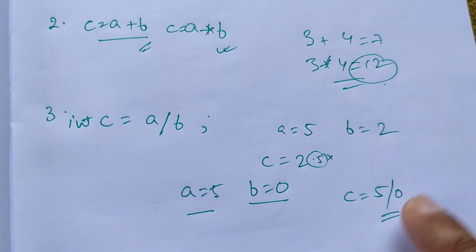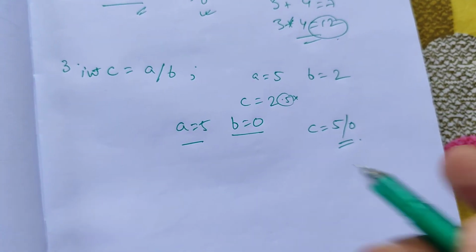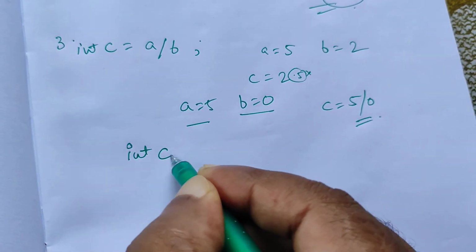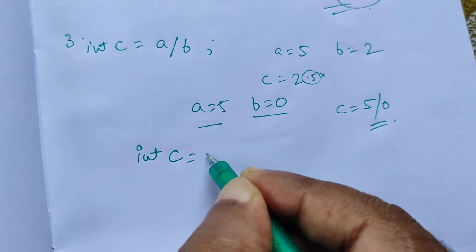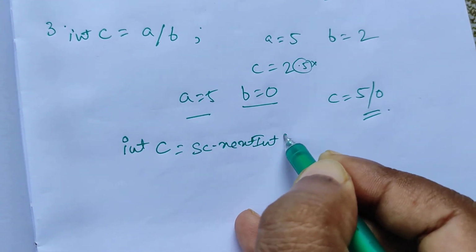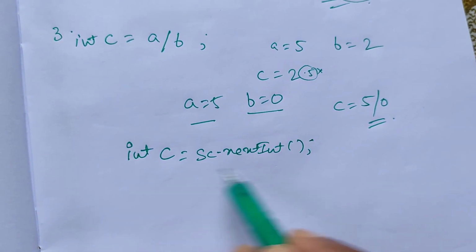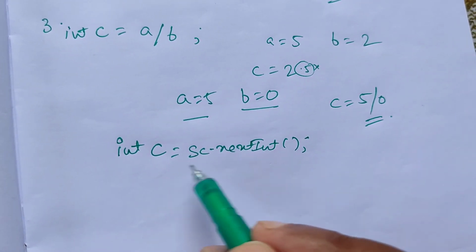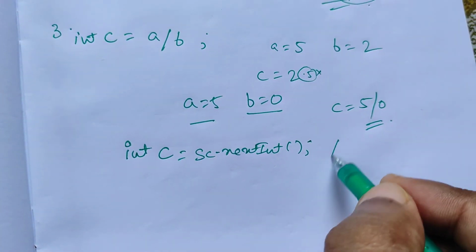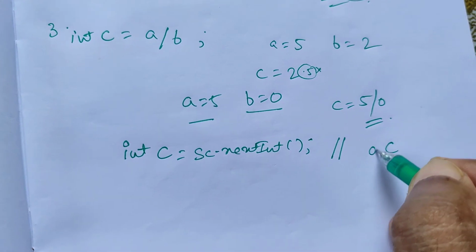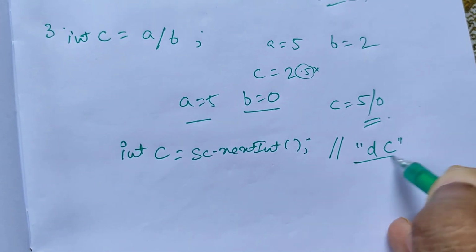runtime error. Okay. Similarly, suppose you want one input from the user in c, suppose you have taken sc.nextInt. You want the user to give an integer input, but instead of an integer, the user has given a string.